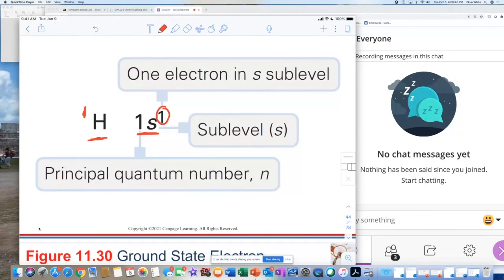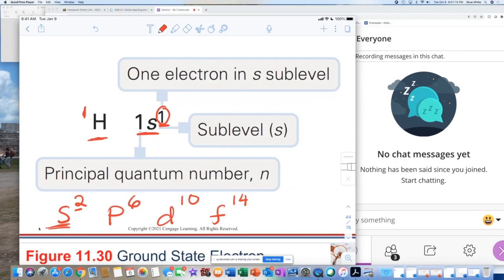The sublevel tells you the maximum number of electrons placed in that sublevel. Remember, s max out at 2, p max out at 6, d max out at 10, f max out at 14. So regardless of which s you're working with, you can't go beyond 2.